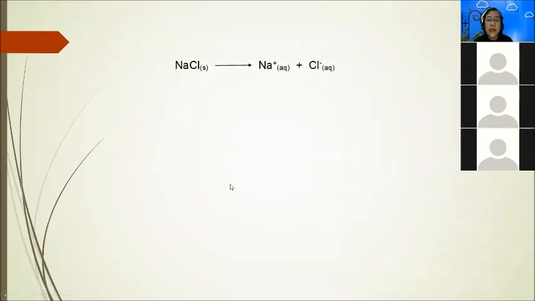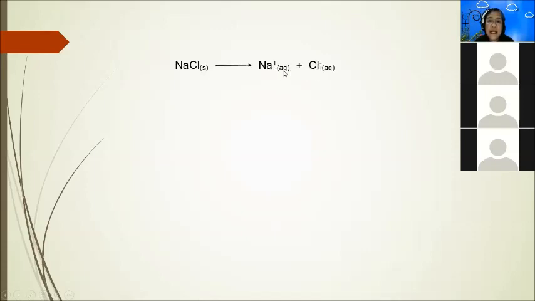In the equation, we have this illustration. This is the sodium chloride crystal. The (s) here in parentheses means it is solid. The moment you put that in water, it dissociates, ionizes, forming a sodium ion and a chloride ion.